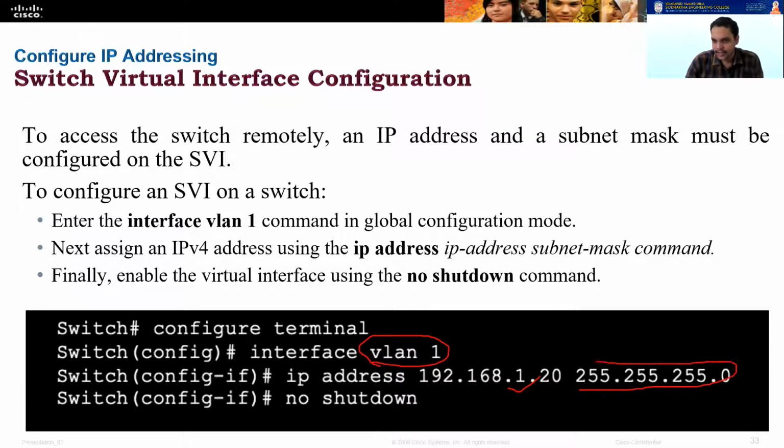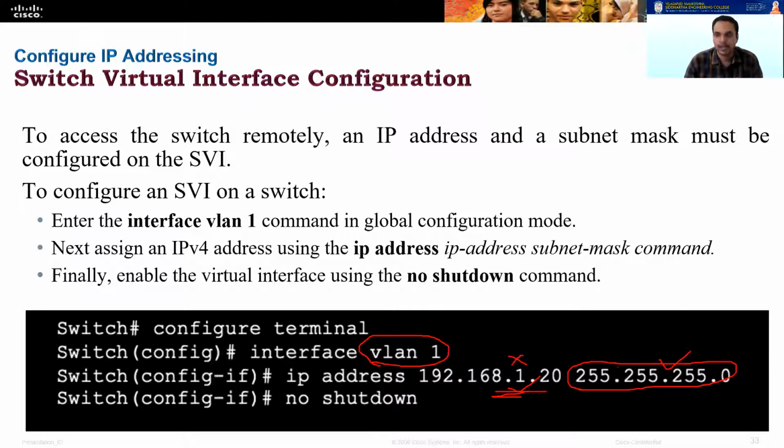If your IP address does not have a subnet mask, your system will not be able to understand how to decode this IP address. Only when you provide the subnet mask will your system be able to decode what the network portion is and what the host portion is. Remember that whenever you are assigning an IP address for an interface, this IP address must have a subnet mask attached to it.